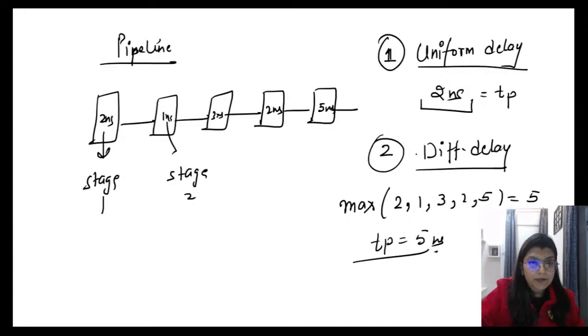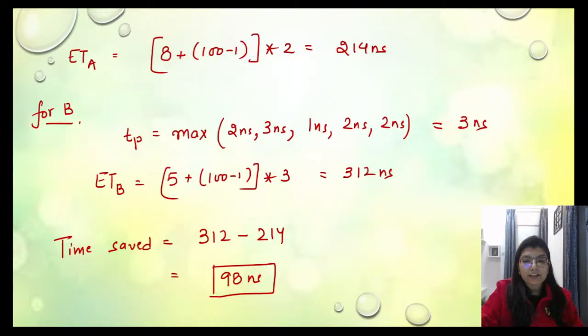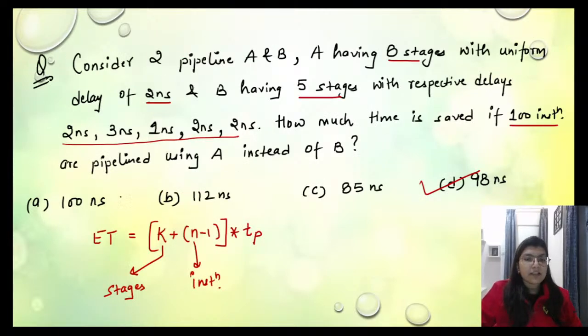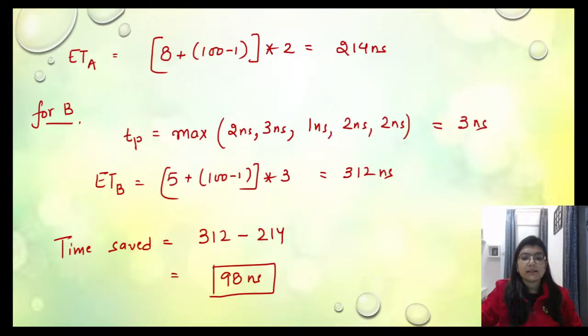So the same thing we have done here. In the question they have clearly mentioned that B has 5 stages with respective delays: 2 nanosecond, 3 nanosecond, 1 nanosecond, 2 nanosecond and 2 nanosecond. Since the delays are different, this time is calculated by finding the maximum value, which is 3 nanosecond.